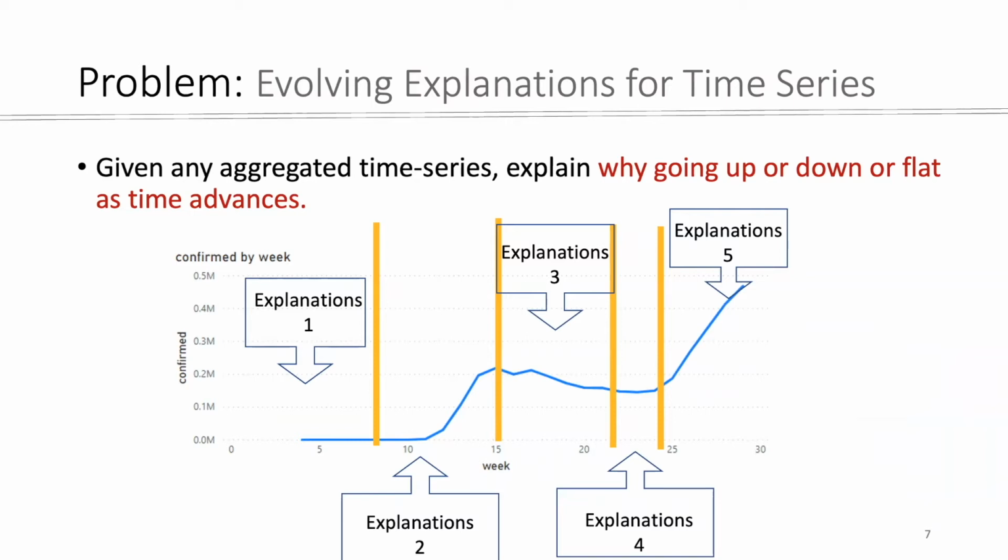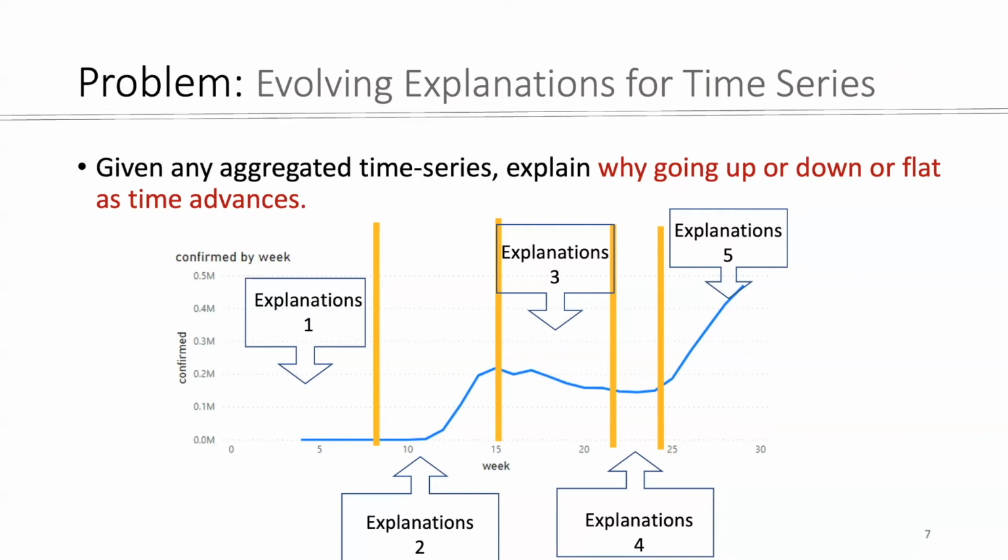Instead of explaining a two-set difference, what our work wants to focus on is to explain the trend line. A trend line consists of a series of timestamps as the x-axis and aggregated values as the y-axis. Here is one example of a trend line. From the observation, we can see that different periods have different trends: up, down, flat.